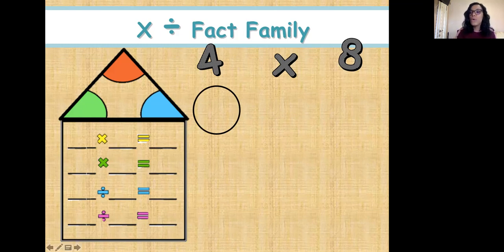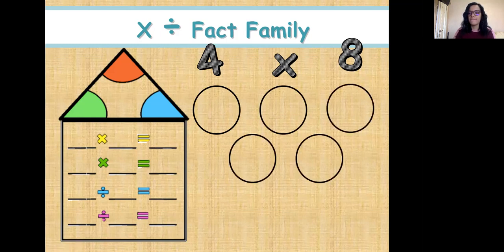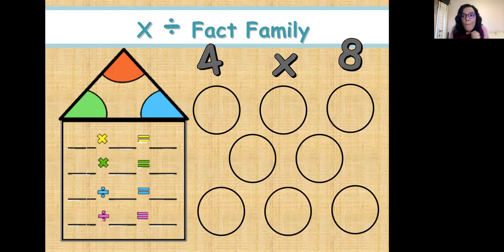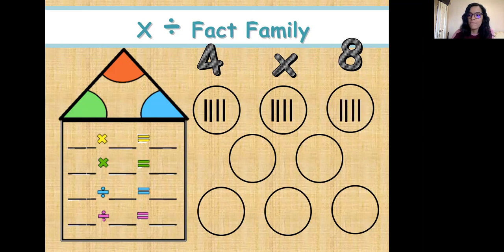We're going to do 8 groups. 1, 2, 3, 4, 5, 6, 7, 8. And how many do we need to put in each group? 4. We need to put 4 in each group. So let's do that. 4, 4, 4, 4, 4, 4, 4, 4.